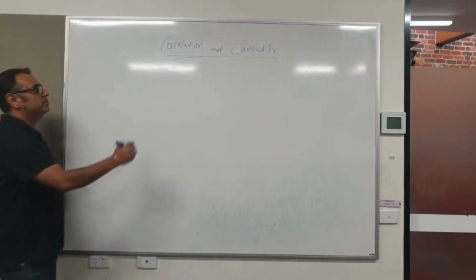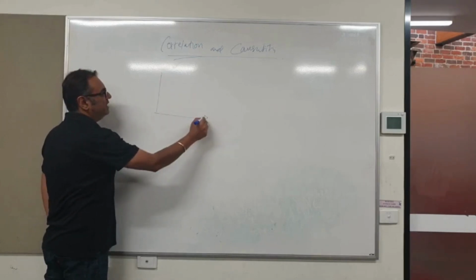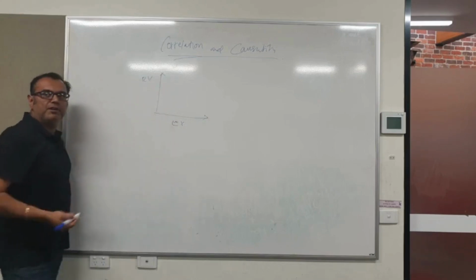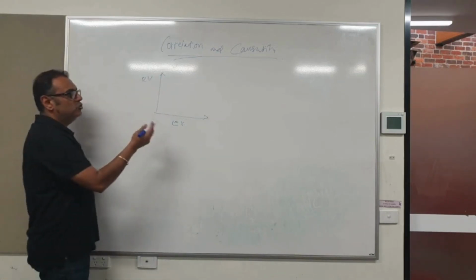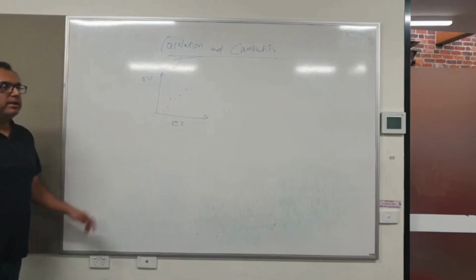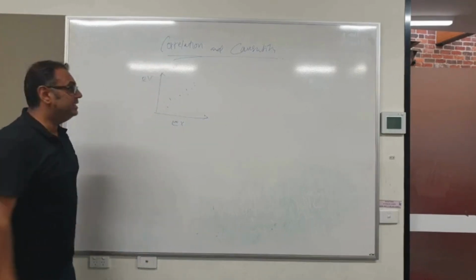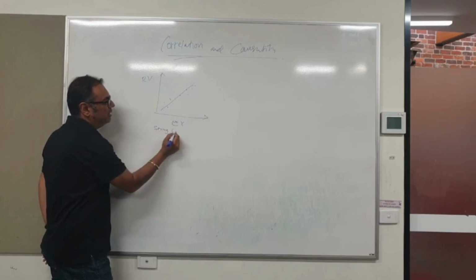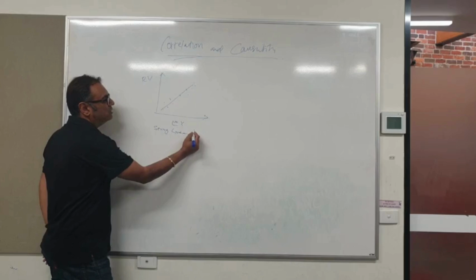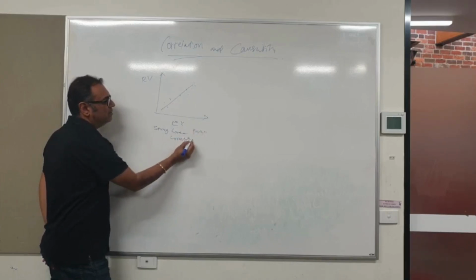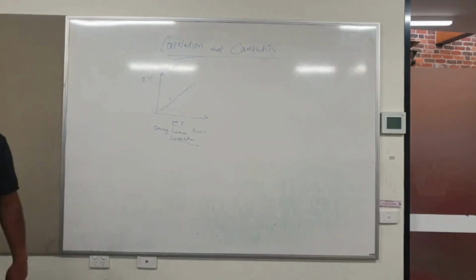Correlation means you have an EV and you have an RV, two variables, and we draw the scatter plot and we say, all right, they are correlated. This is a strong linear positive correlation. Simple, right? That's what we know so far.